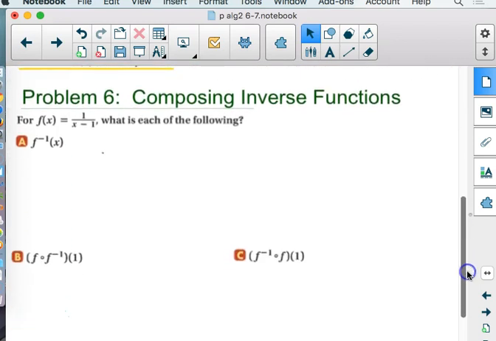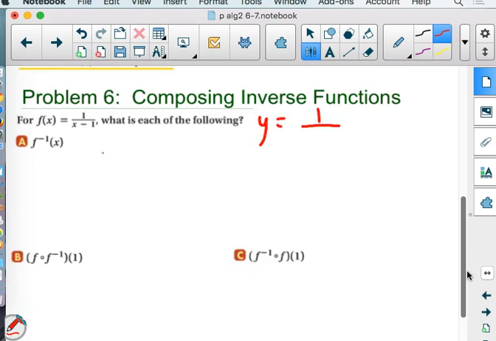This says, if this is f of x, what's its inverse? Okay, well I have to remember that that's y. So I'm really starting with this. And then what's the first step for inverses? First step, switch the x and the y.